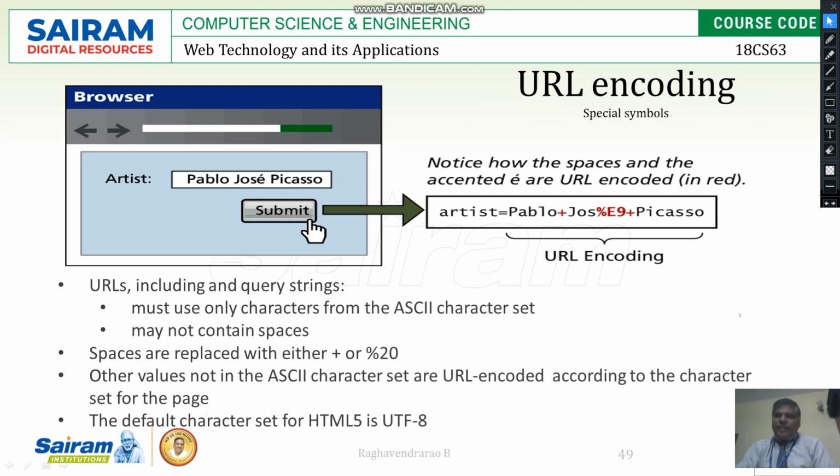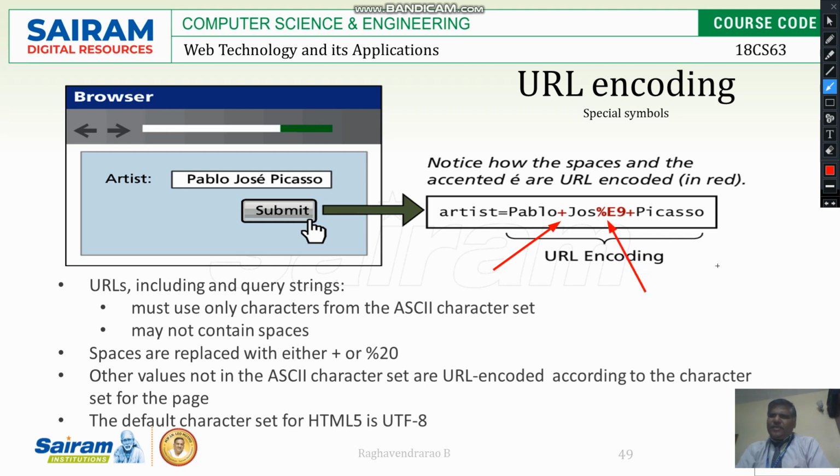Now, URL encoding is there. Once the URL is created, we have to encode it. So encoding is one of the important things here. When the data is submitted, you will see it in the form of a plus and a percentage sign.